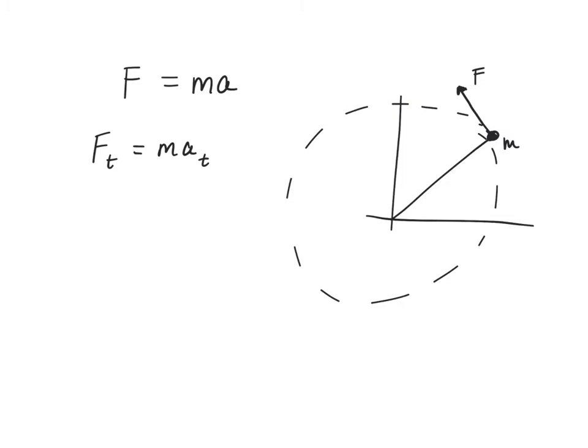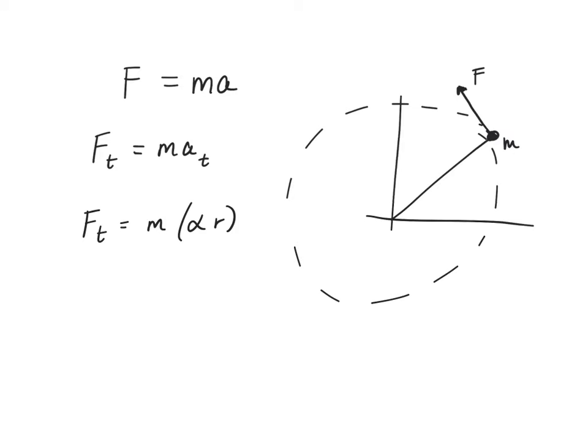Then you have to go back to sections 10.1 through 10.4 and remind yourself, what is tangential acceleration exactly? Tangential acceleration, if you recall, is alpha times r.